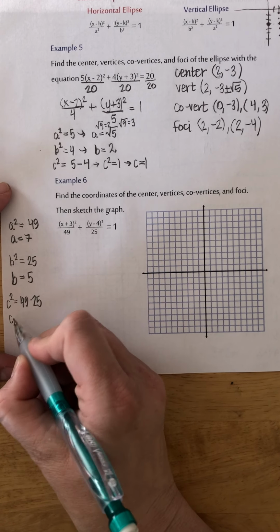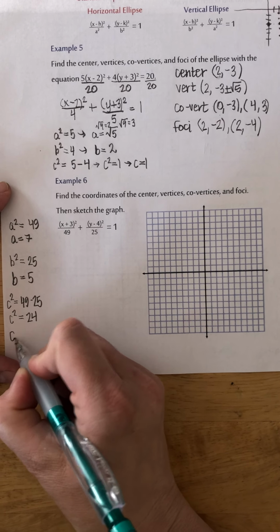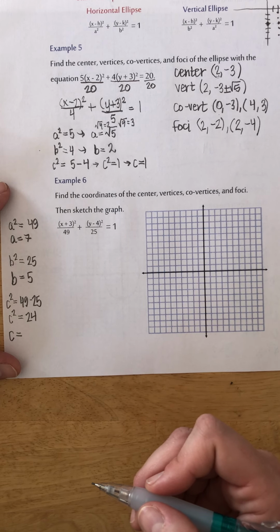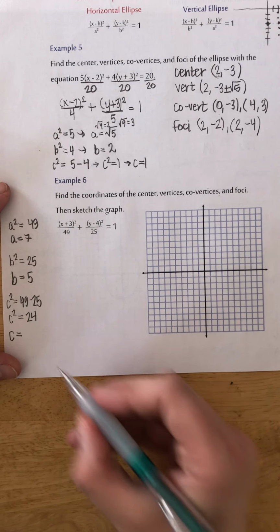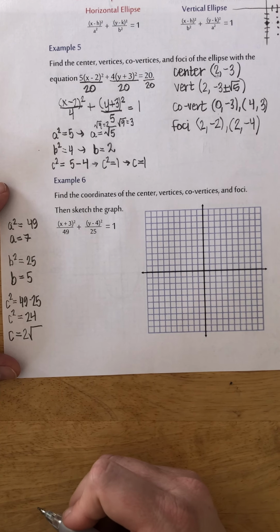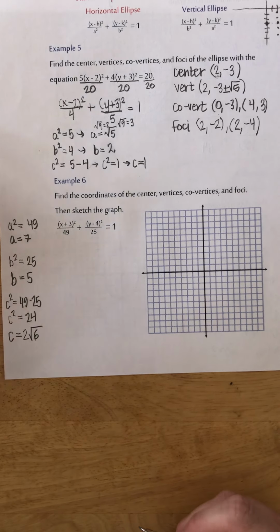So 49 minus 25 is 24, which is not a perfect square. No big deal. 24 breaks down into 2 times 2 times 2 times 3. I have a pair of 2's, so I get to take out a 2, but I'm left with a 2 and a 3 underneath, which leaves me with the square root of 6.